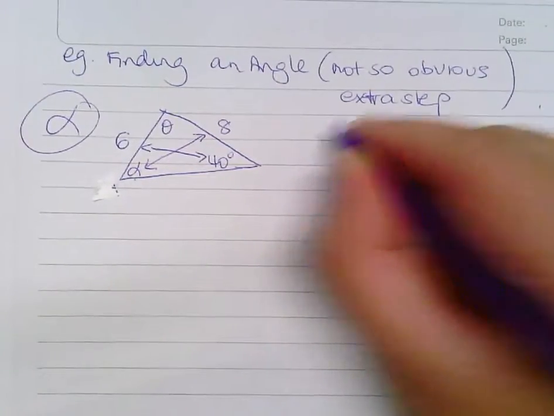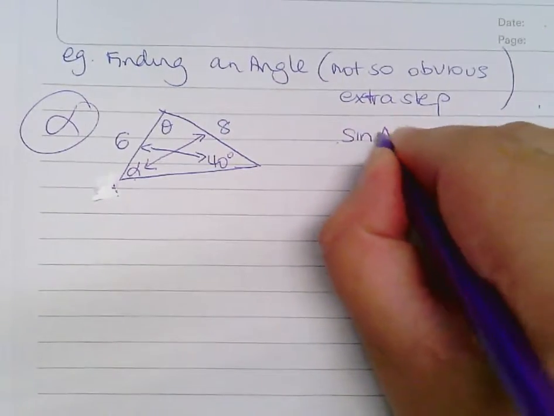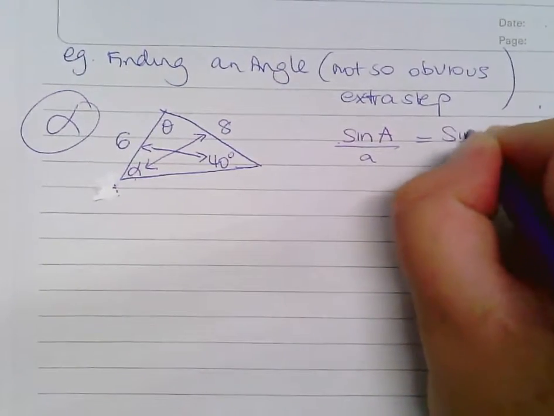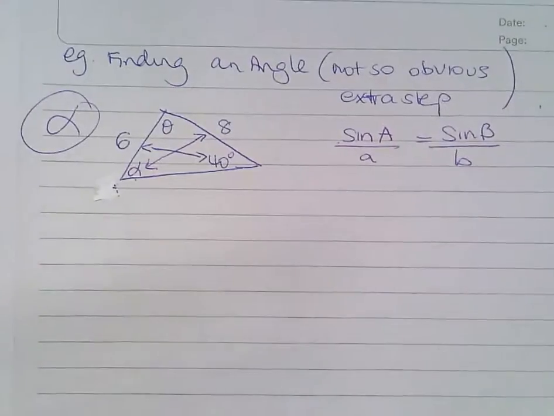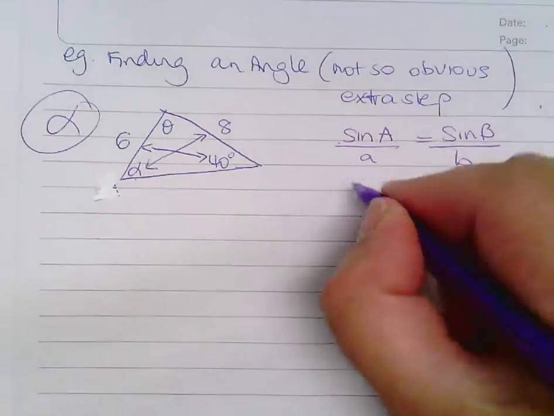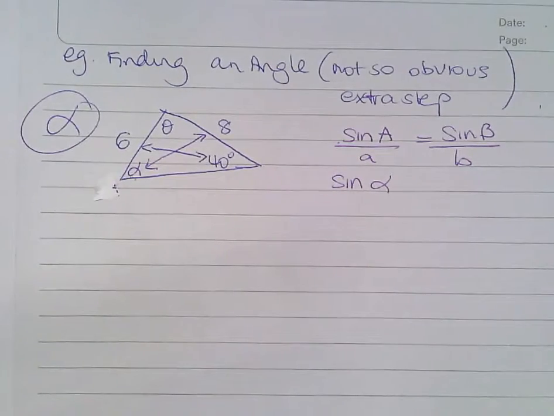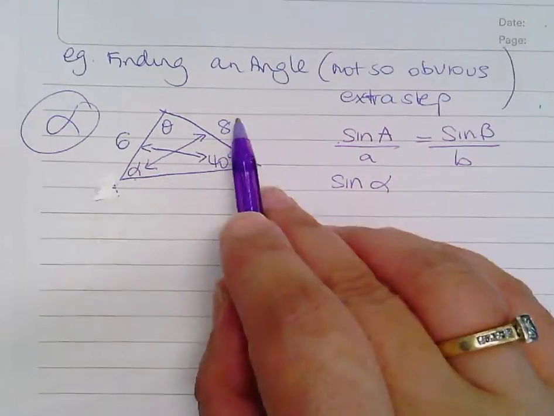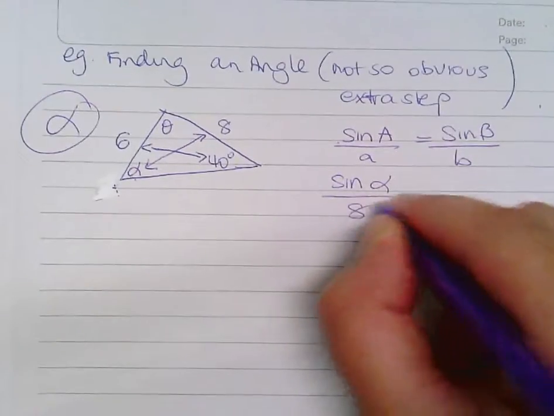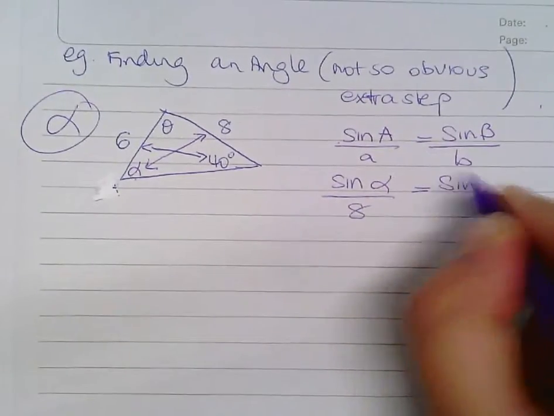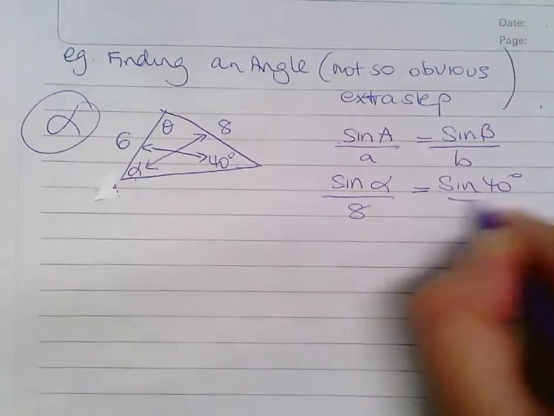So I'm going to use this version: sine A over A equals sine B over B. Let's go. Sine of alpha over 8 equals sine of 40 over 6.